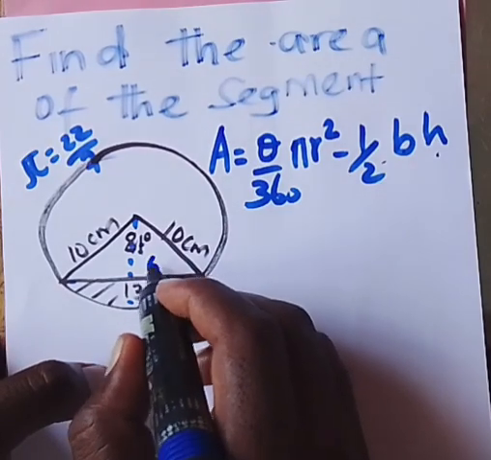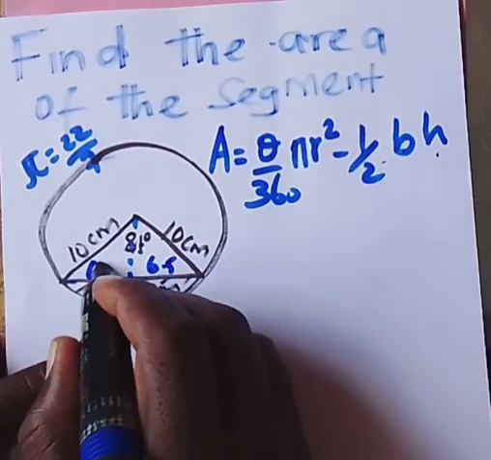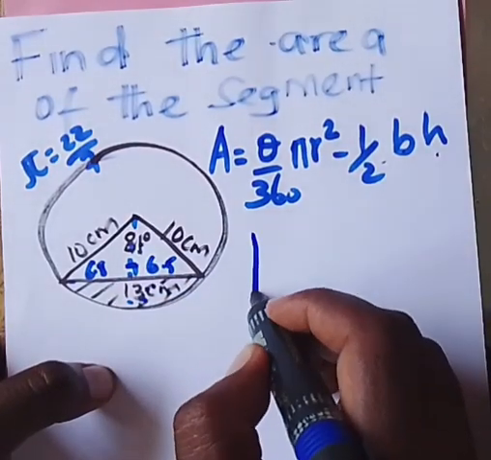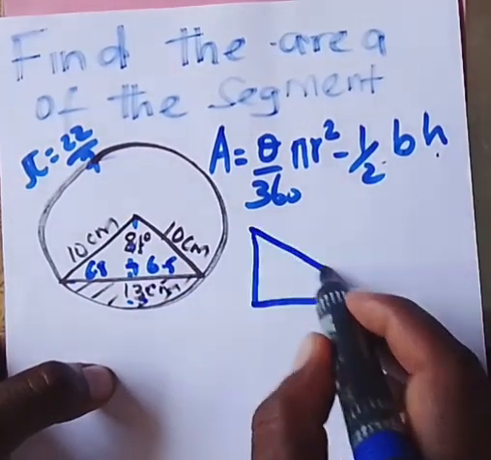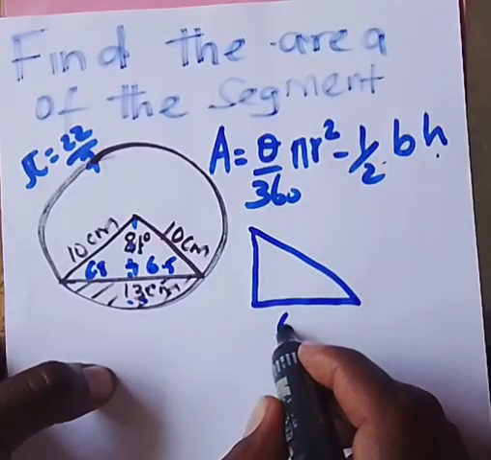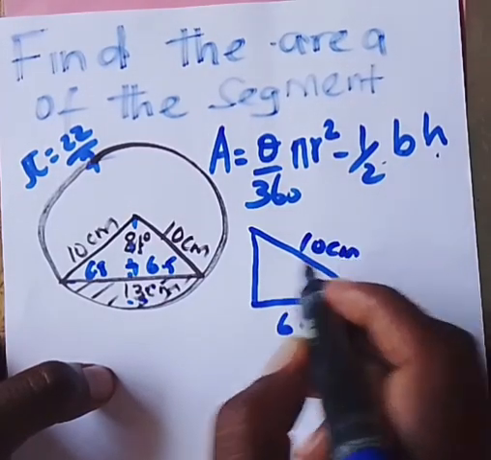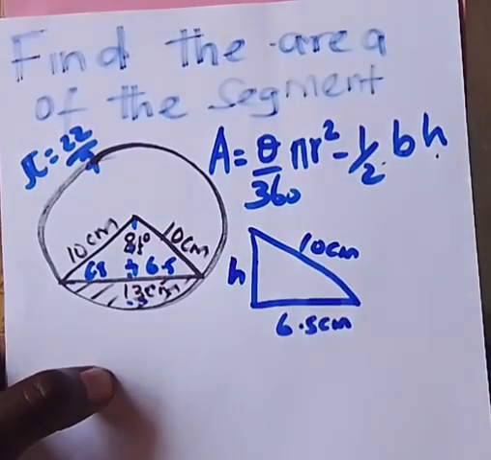So at this point we will have 6.5 and this other point is 6.5, and we will form a right-angled triangle. So if I can draw this right-angled triangle here, this now will be 6.5 centimeters and this is 10 centimeters, and we do not have the height.